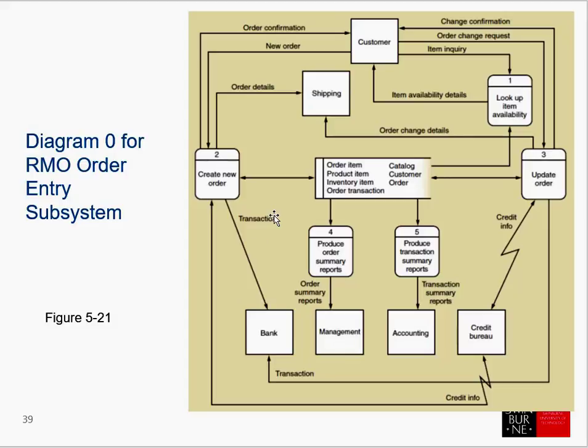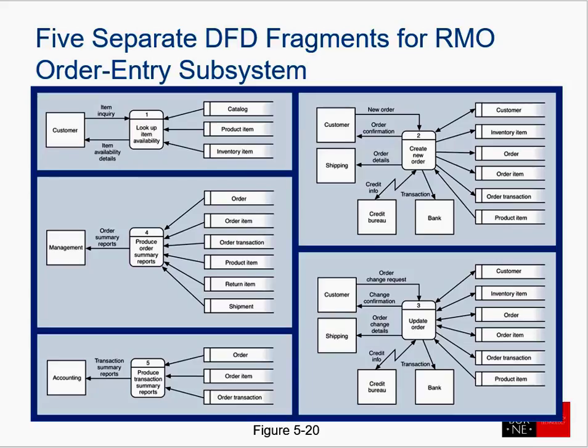So you can see if you go through process number 2, create new order, there is a lot of information going back and forth from this particular process. So DFD fragment number 2 probably involves lots of processing steps.